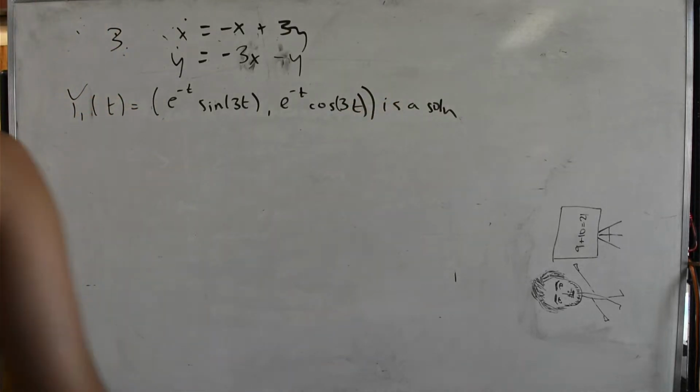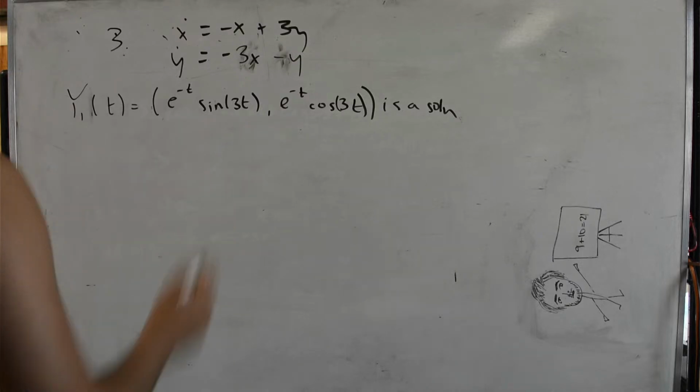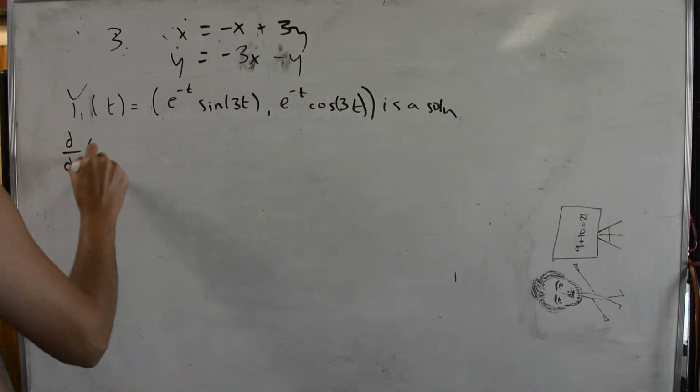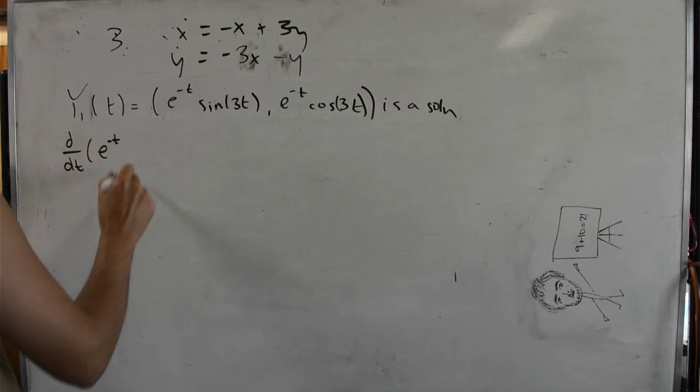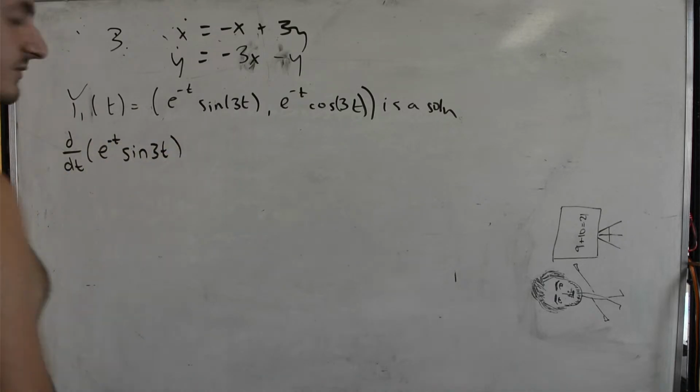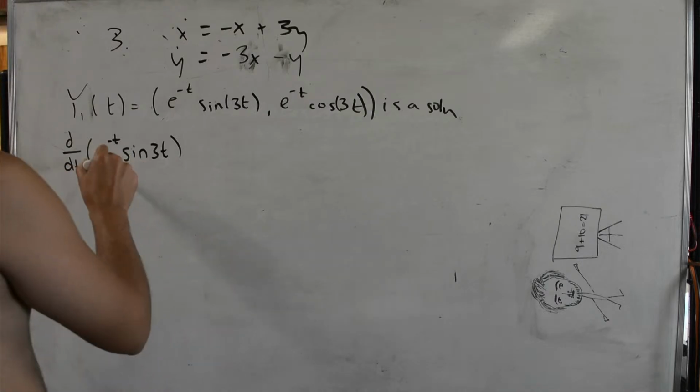That's easy, right? All right, so we've got to just take these derivatives. So, d/dt of e to the minus t sine 3t. All right, we're going to just do the product rule. So, let's take this one first.